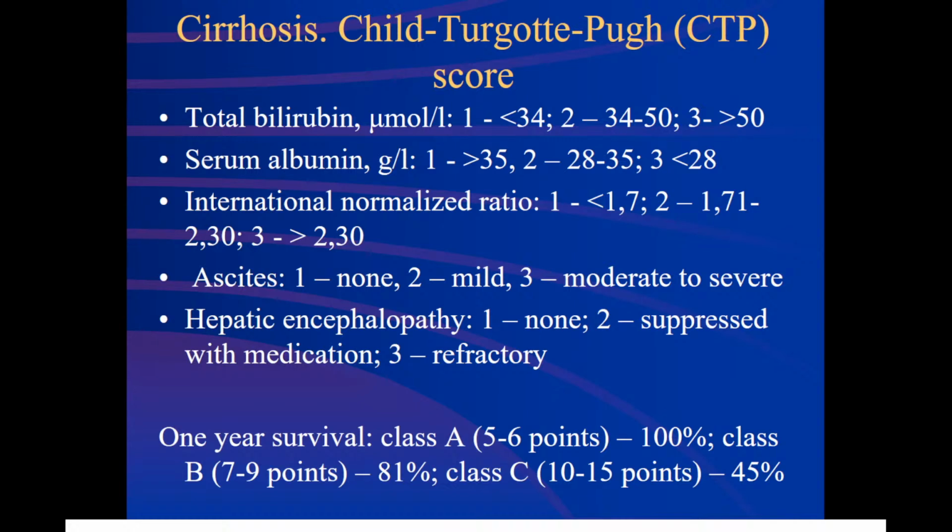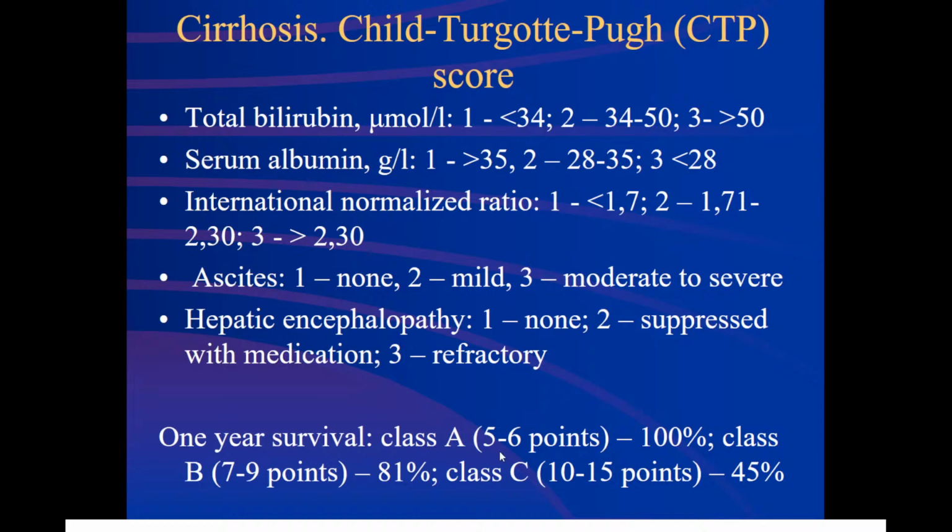One of the most important clinical scores is the Child-Pugh score, which includes calculation of total bilirubin level, serum albumin, international normalization ratio, ascites, and hepatic encephalopathy level. All of them are transformed into scores. We make a sum of all these scores, and based on it, we classify cirrhosis into three classes.